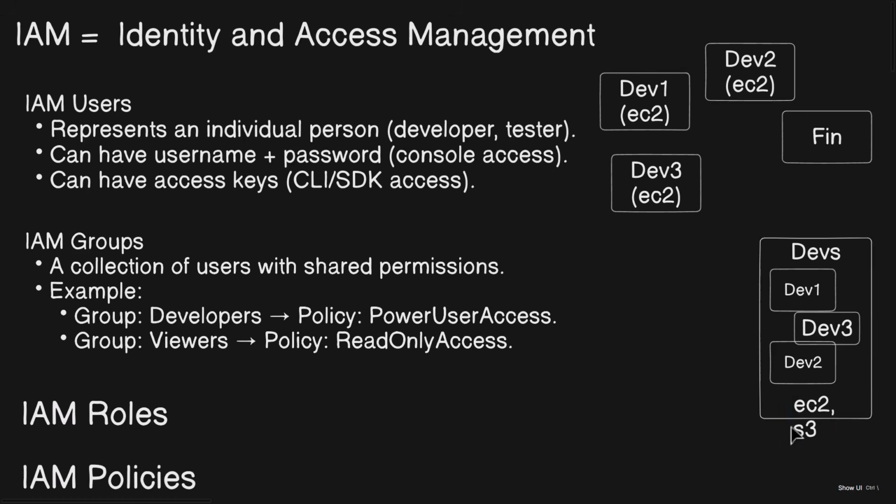S3 is also a service. So I'm going to simply add the S3 policy to this group. And the moment I add it to this group, it's reflected to all the developers that are part of this group.